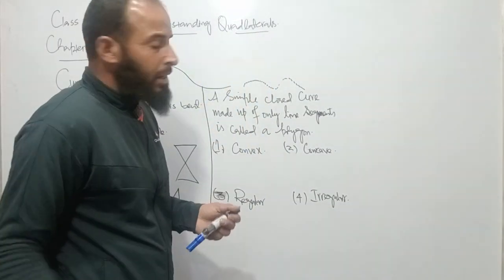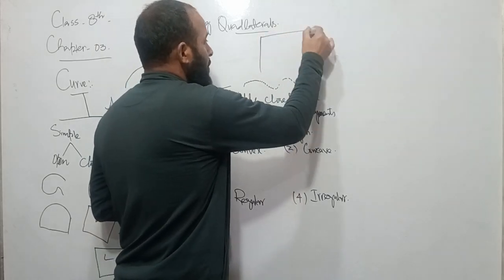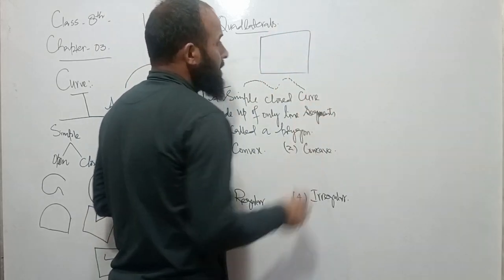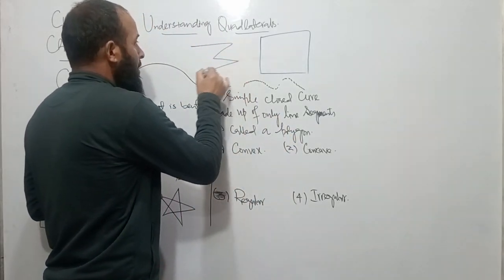What do we mean by a diagonal? Look here. Suppose this is a polygon, and this one is also a polygon, and this one is also a polygon.